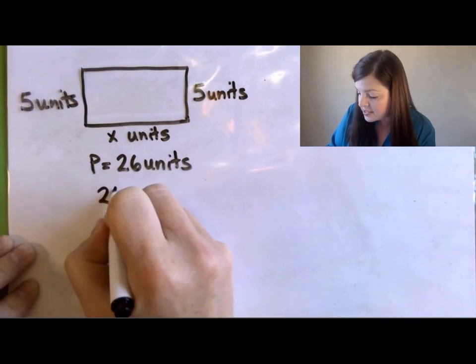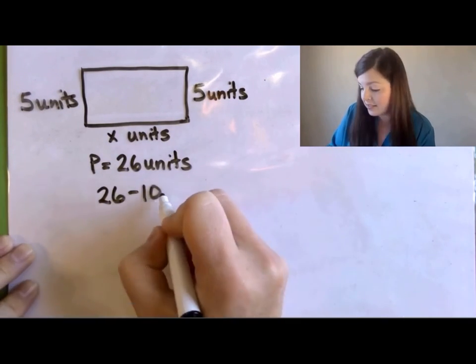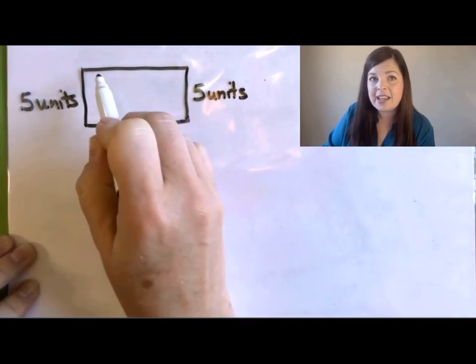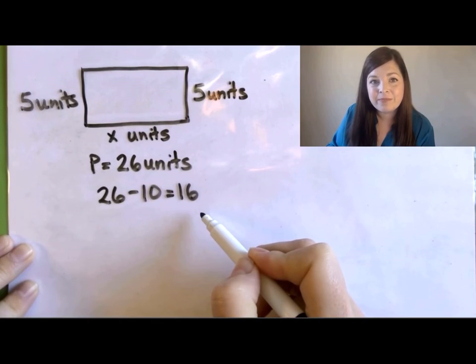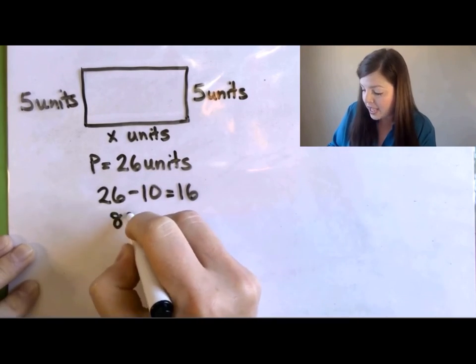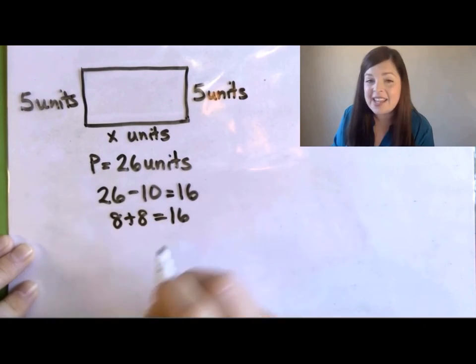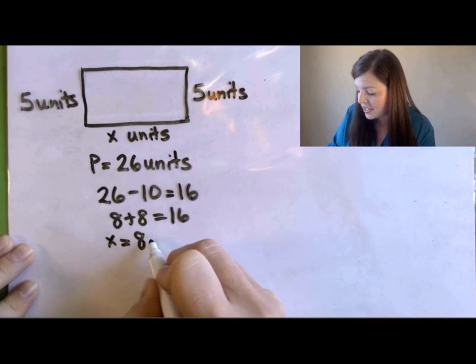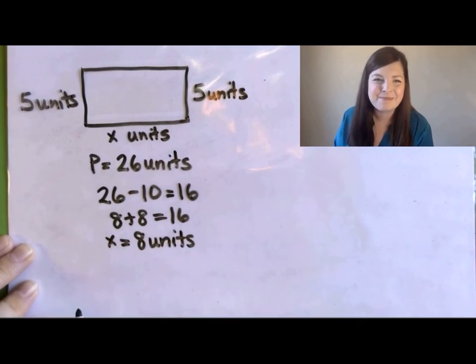So 26 minus 10 equals 16. So the sum of this side and this side is 16. Since opposite sides are the same length, 8 plus 8 equals 16. Each side must be 8 units long, so x equals 8 units.